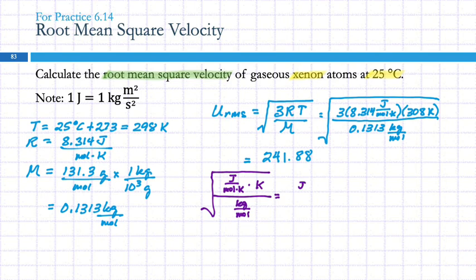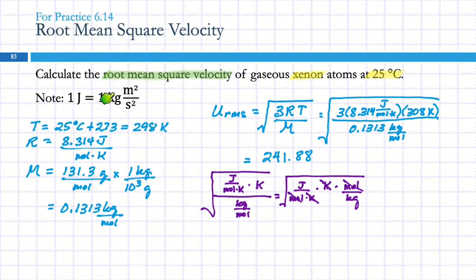So this is equal to joules per mole Kelvin times moles per kilogram. What can we cancel out? Well, we can cancel out the kelvins and the moles. And so square root of joule per kilogram does not sound like a good velocity unit.